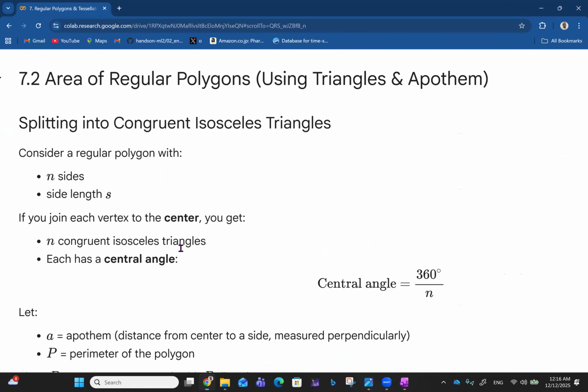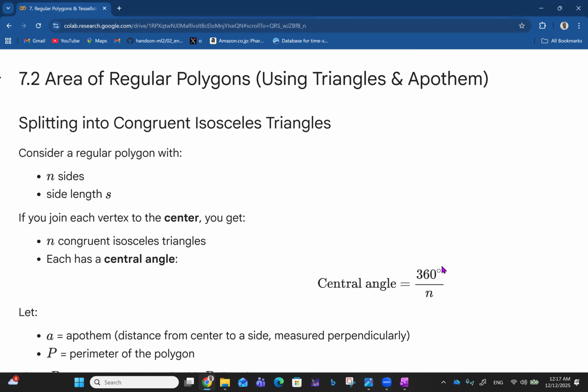So we have the idea of the apothem coming up. Consider a regular polygon with n sides and side length s. If you join each vertex to the center, you get n congruent isosceles triangles, each with a central angle.